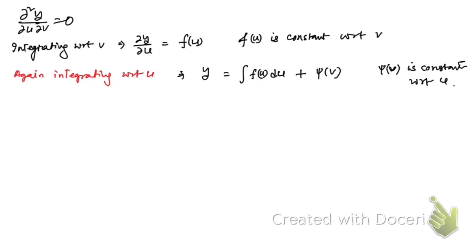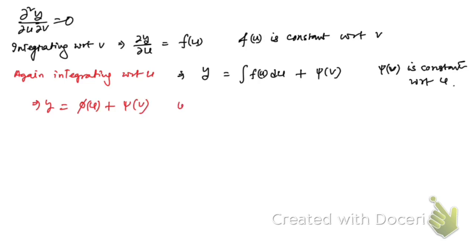So hope you have understood this, it is clear to you. So now let me take this one as phi of u, which is a function of u, right? So in that case what we can write, y is equal to phi of u plus psi of v.